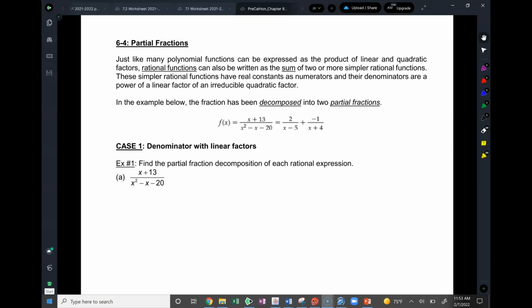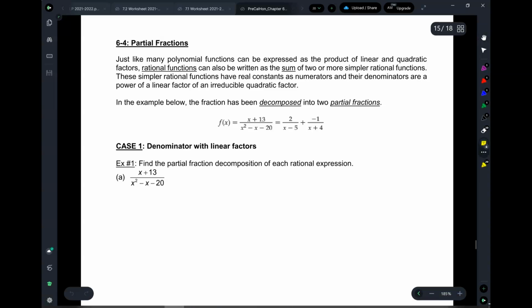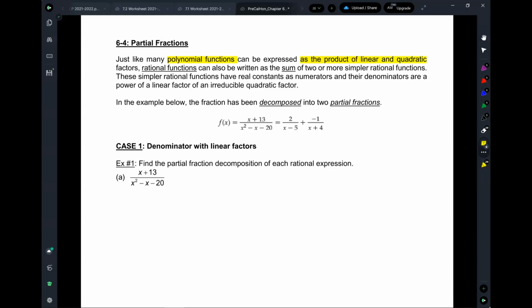So what we're going to talk about here is breaking down rational expressions or rational functions, right? So in algebra, we learn how to factor, right? And we can express a polynomial function as the product of two linear and quadratic factors, right?